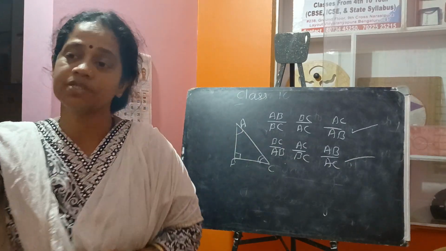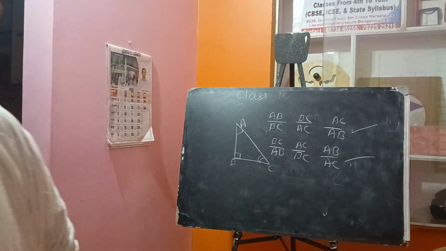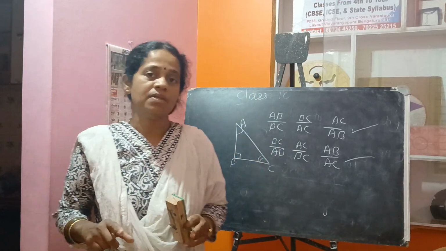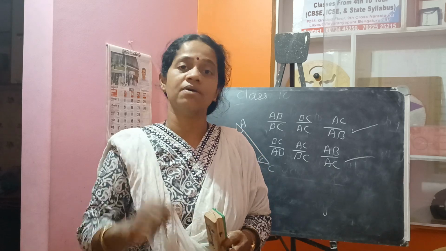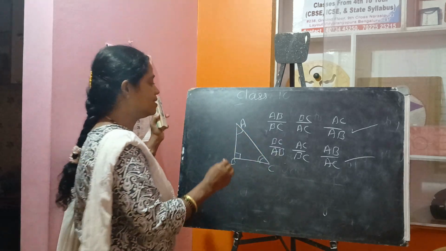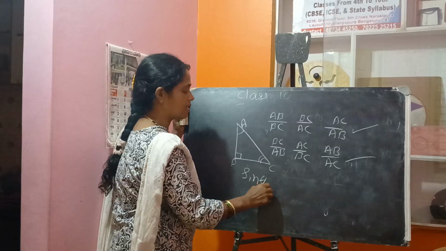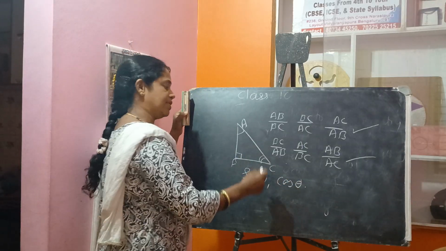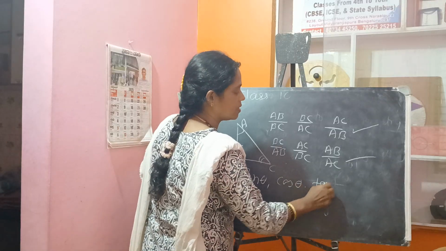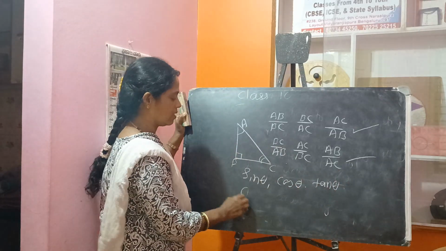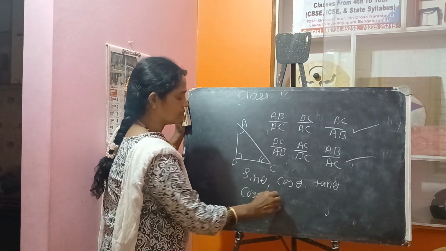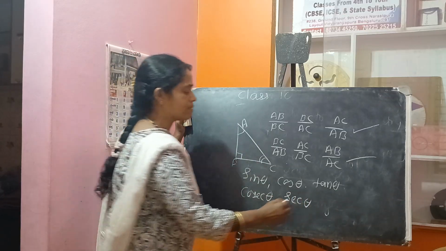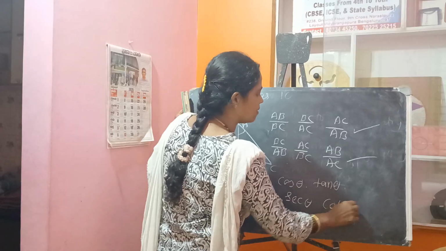These 6 different ratios we will give names using Greek words. They are sin theta, cos theta, tan theta, cosecant theta, secant theta, and the last one is cotangent theta.